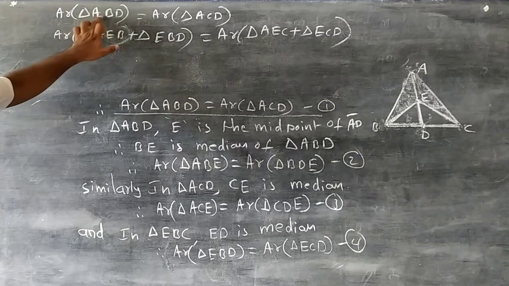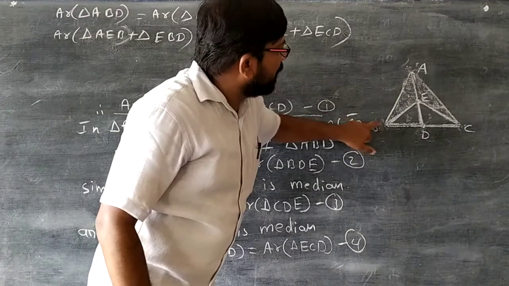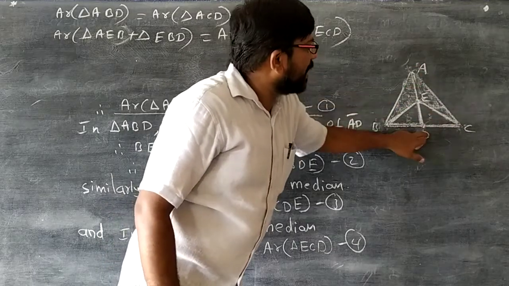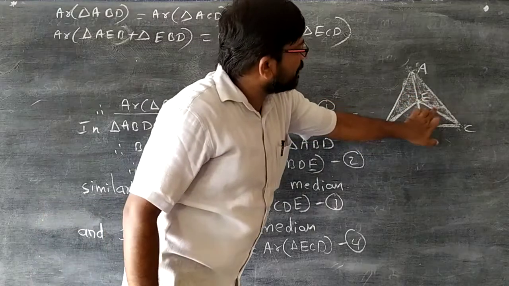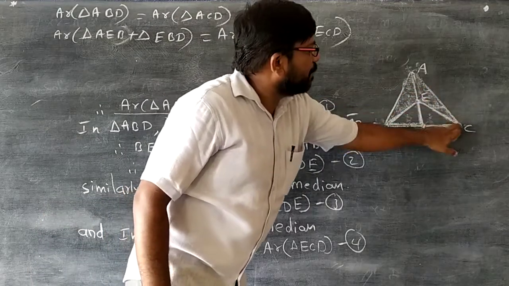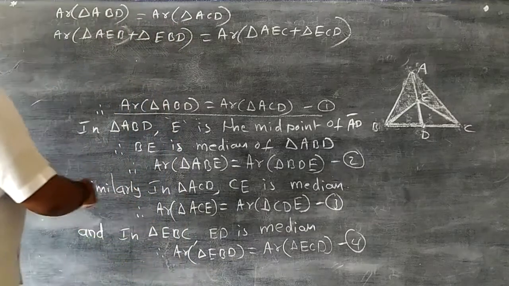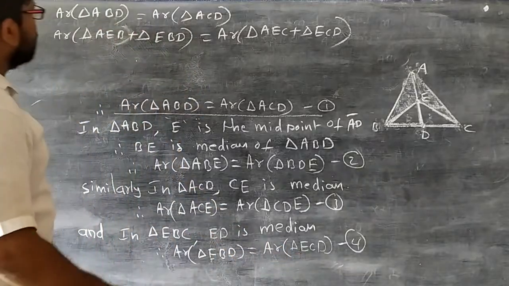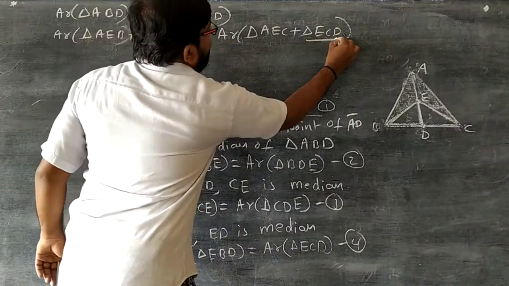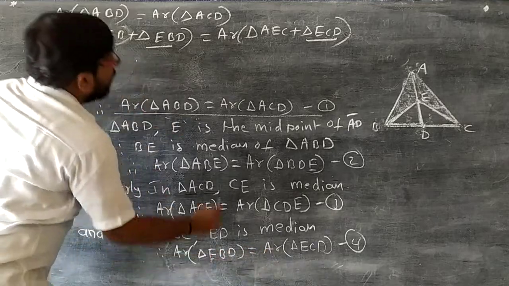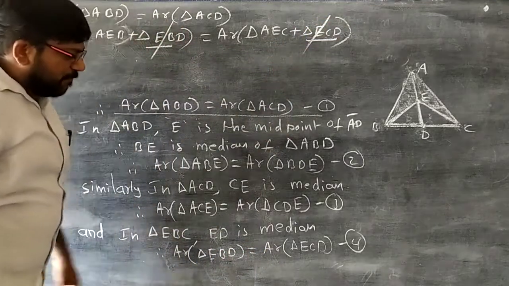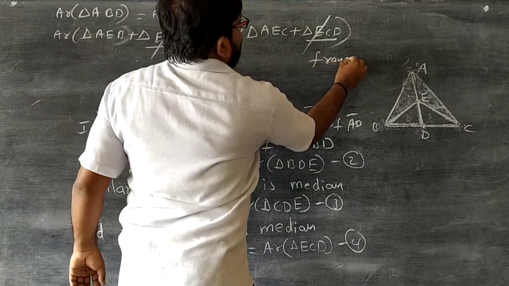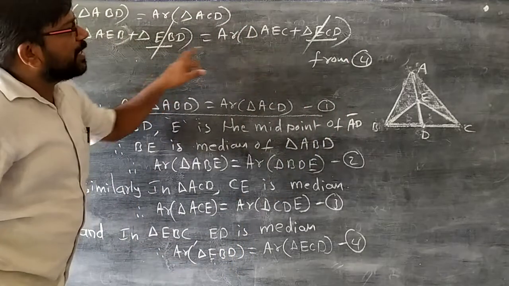Once again, listen: ABD can be written as this triangle plus this triangle, and ACD can be written as AEC plus ECD. In this, EBD and ECD are equal, so they cancel. Why? From equation 4.